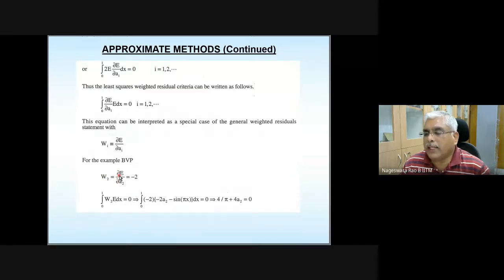And you know what the error function is. You take the partial derivative of that with respect to a2. Then use this weight function, integrate over the problem domain, and equate it to 0. You are going to get one equation, and one unknown parameter needs to be determined. That unknown parameter is a2. So you can determine a2.